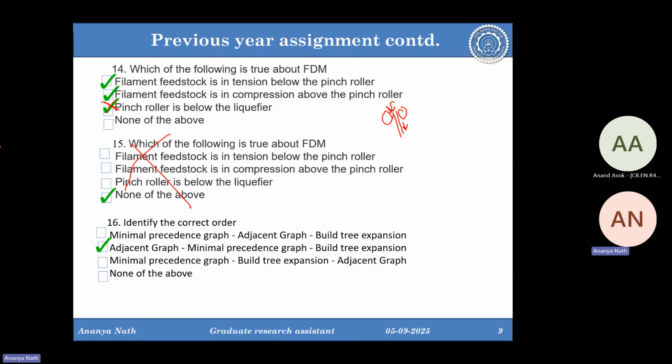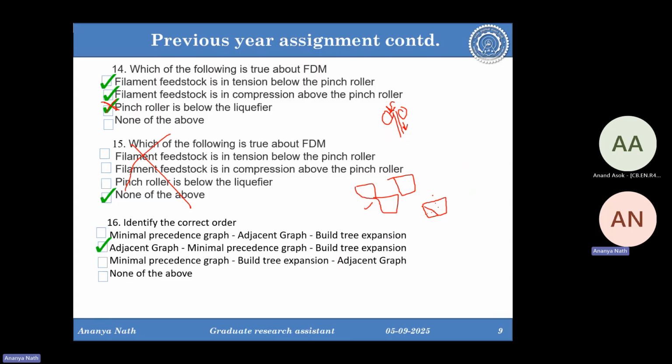You cannot print if your part looks like this. You cannot print this and then this and then this. No, you have to find out which are the adjacent parts. So these are the adjacent parts. So 1, 2 you can print like that. Then you have to find minimal precedence. You have to consider this change at the lowest possible.